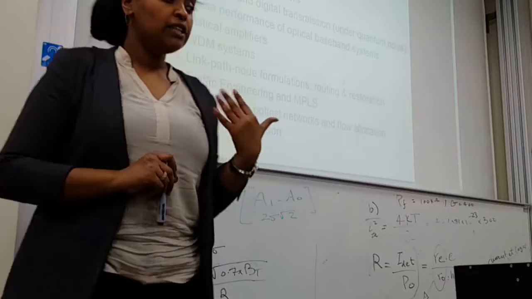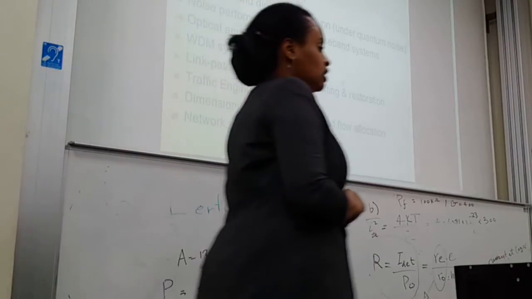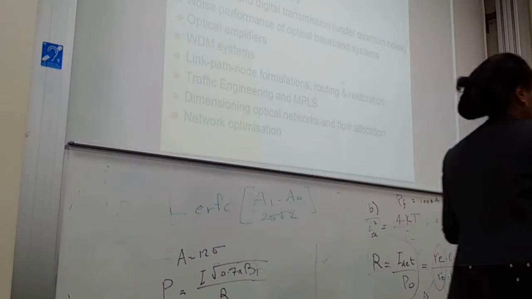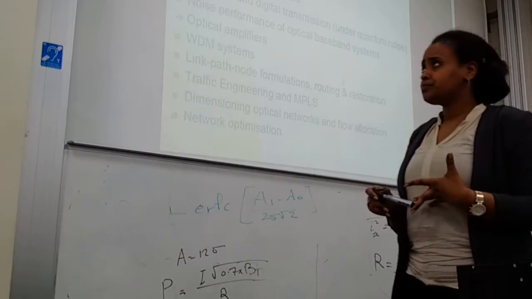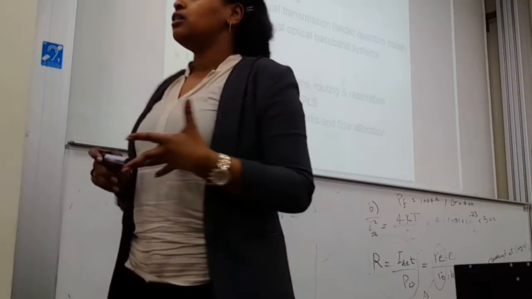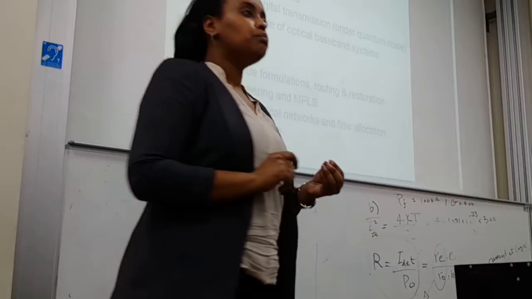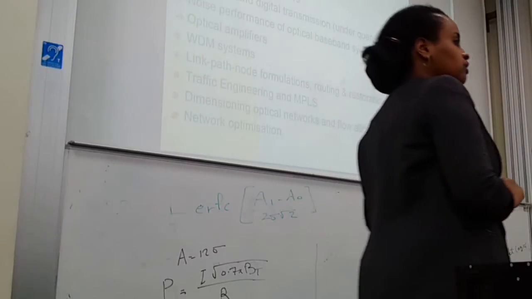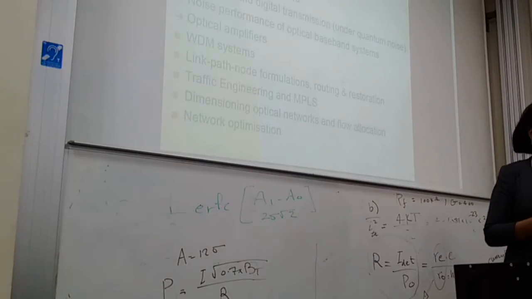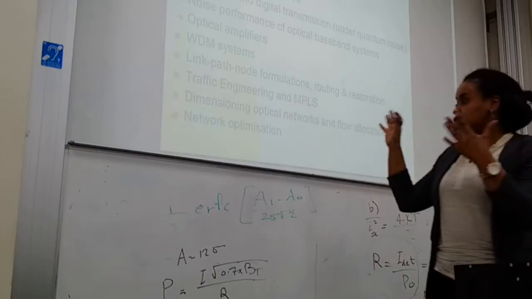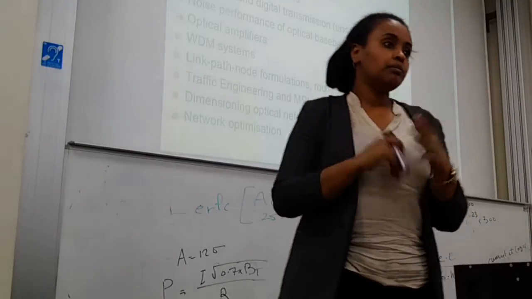The EDFAs have advantages over the other two types in terms of low noise, low insertion loss, and efficient pumping power. We will go through all these advantages. That's why EDFAs are the mainly used type of optical amplifiers, and we will concentrate only on them in this lecture.